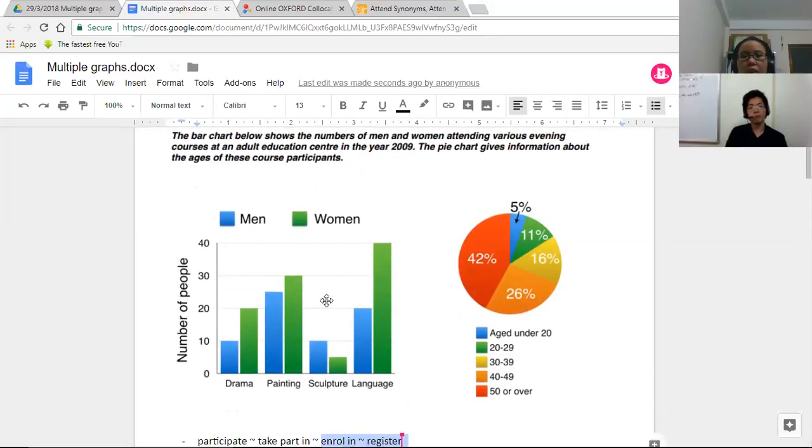So these people are present in class. But when you say enroll in or register, their name may be on the list, but they may not be in the class. I think the task indicates quite clearly by using the word attend that these people join the class, go to the class. So to join. Yes.